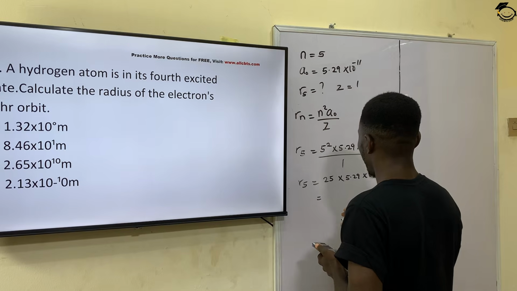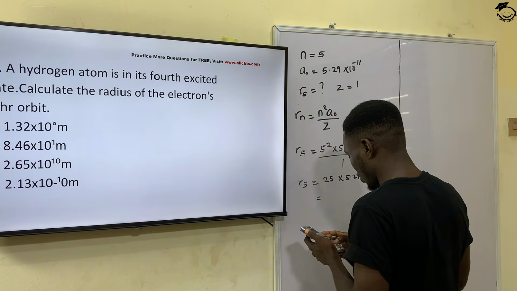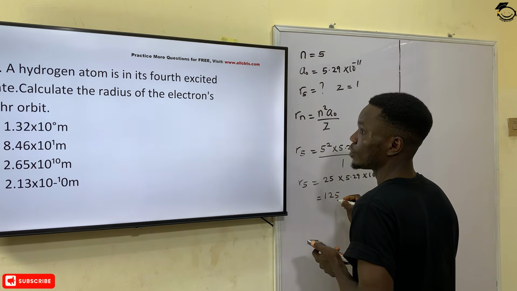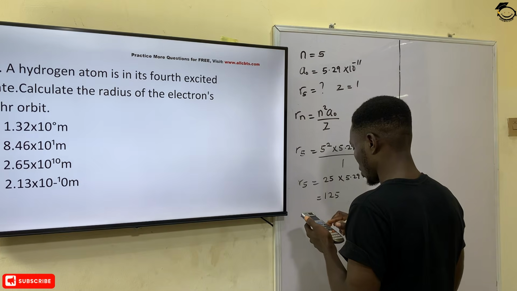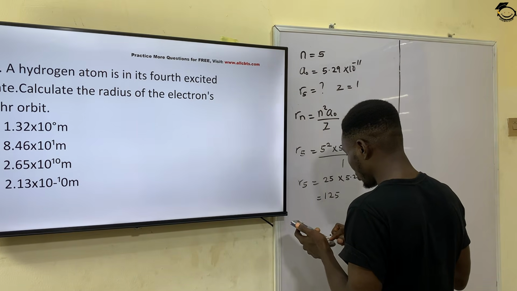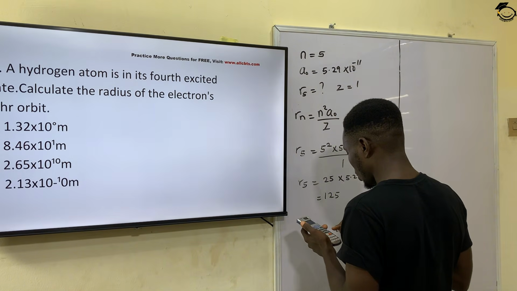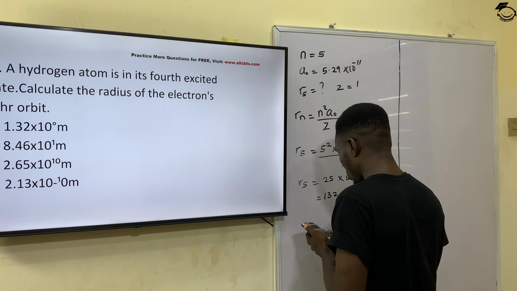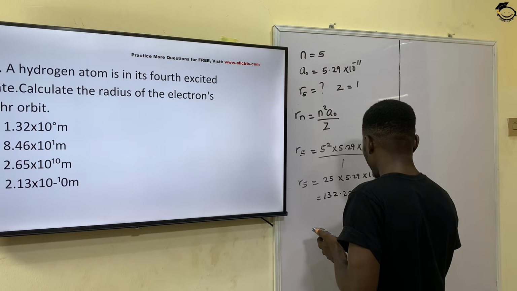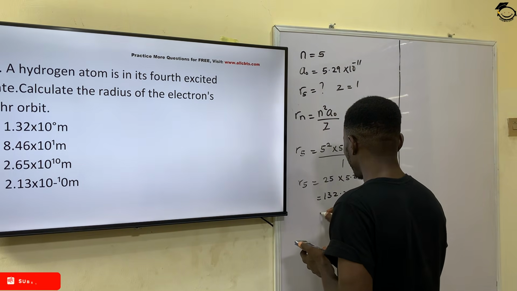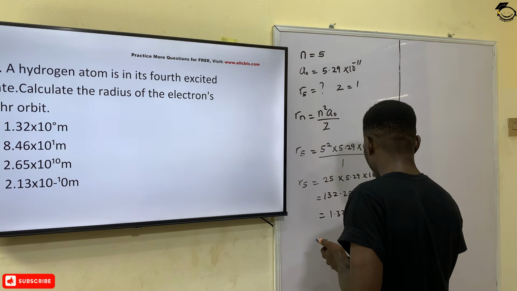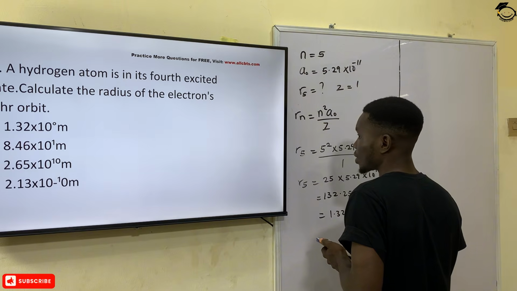So 25 times 5.29 will give me 132.25 times 10 raised to power minus 11. So this is the same as saying I have 1.32 times 10 raised to power minus 9 meters.